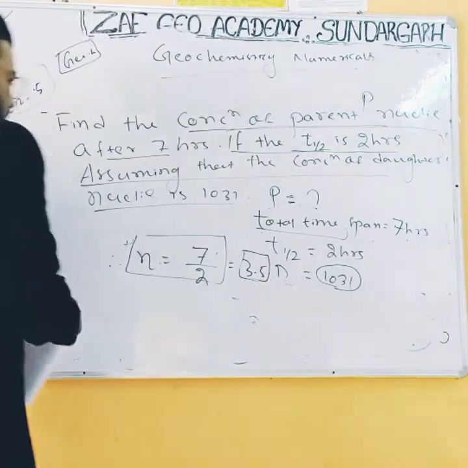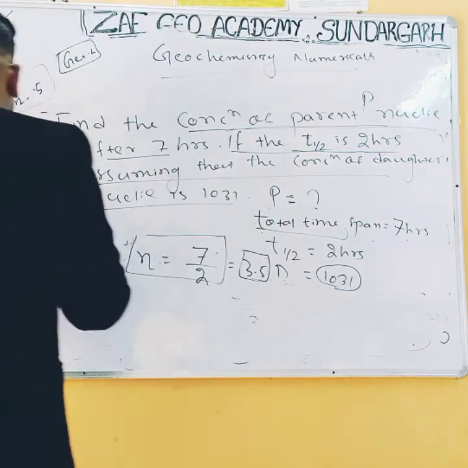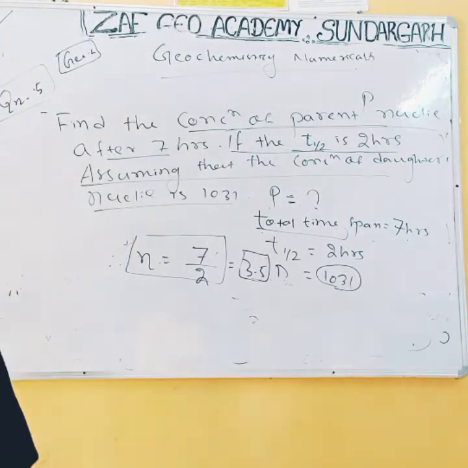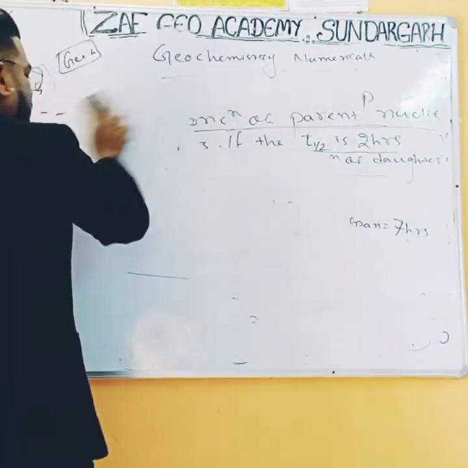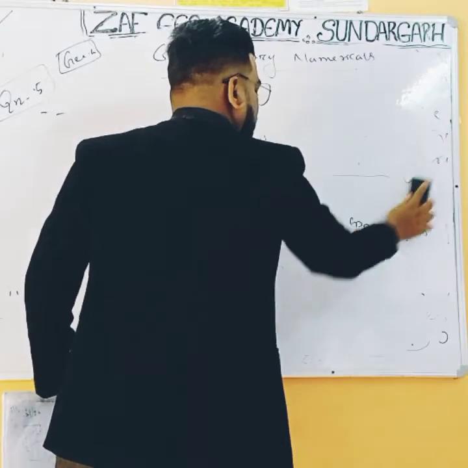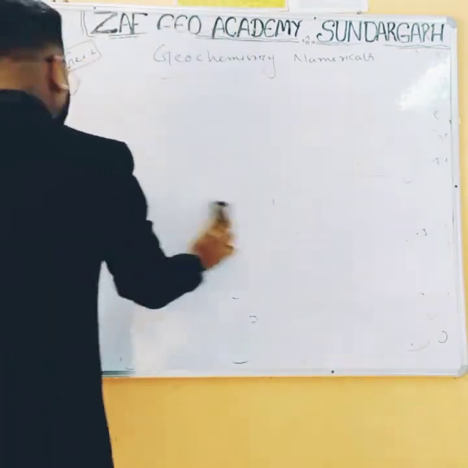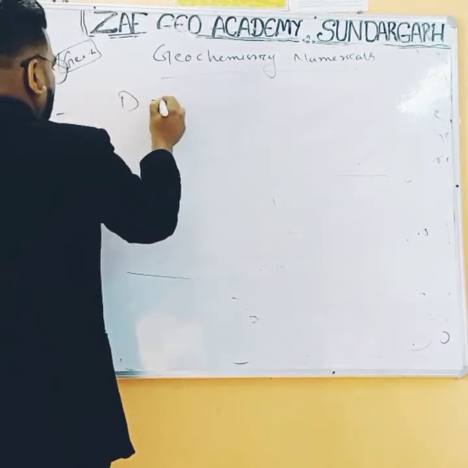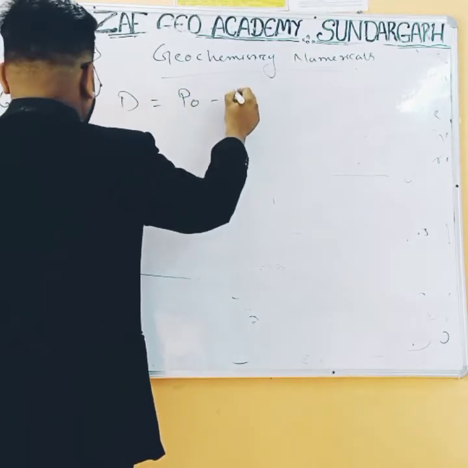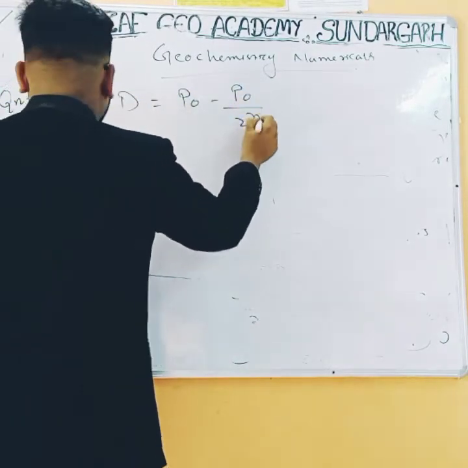Now we have to calculate P. Before calculating P, we have to calculate D. So D will be equal to, you know the formula, P naught minus P naught divided by 2 to the power n.